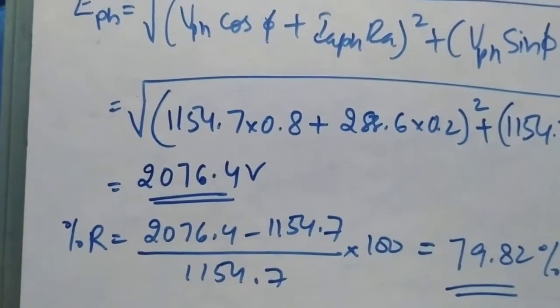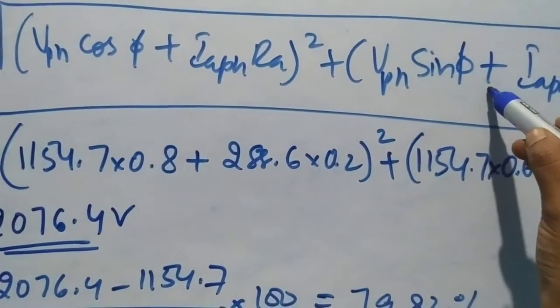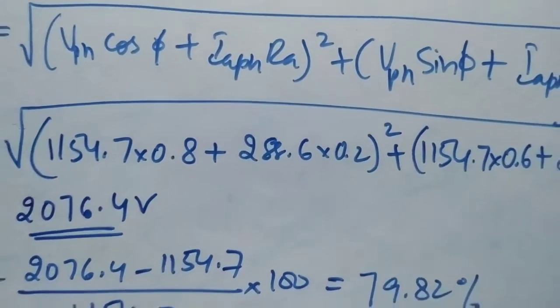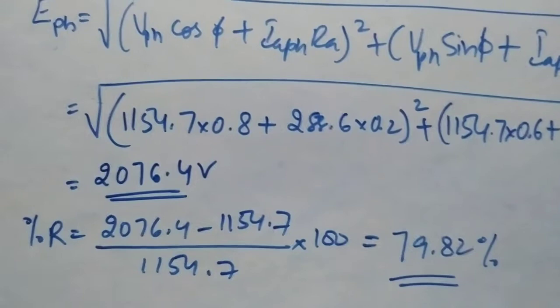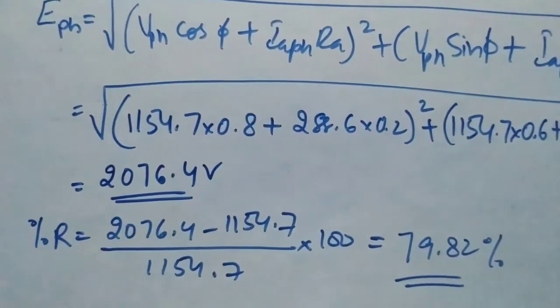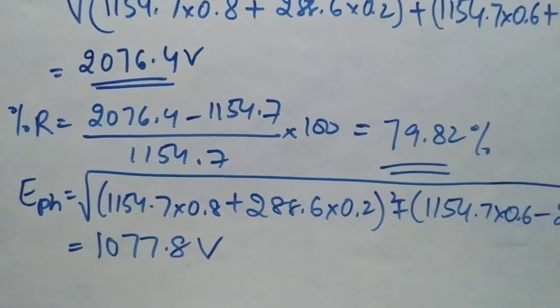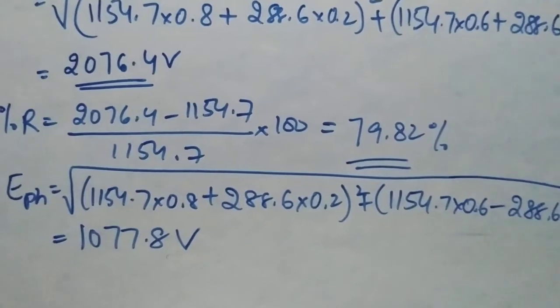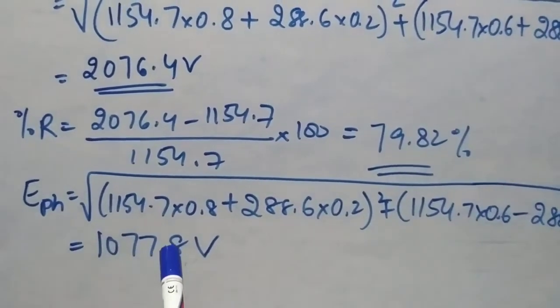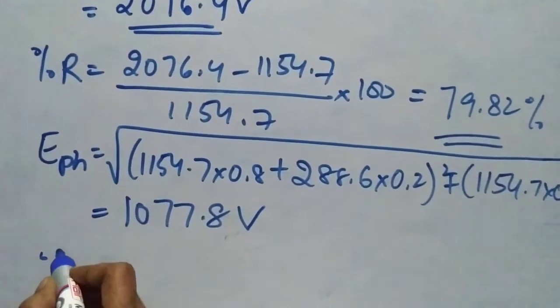Similarly for the leading case, what we are going to do here is change this sign to minus. Okay, so let us solve this by changing this sign to negative. After solving for the leading case, we get the value of E phase as 1077.8 volts. Now let us substitute the same value in the regulation.